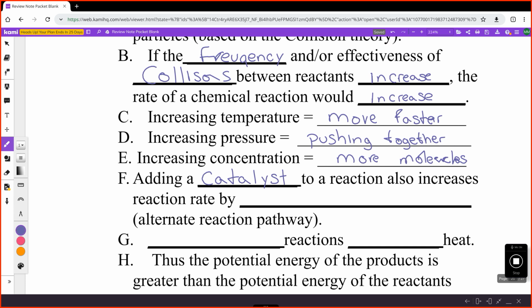It allows the molecules to collide properly if they would have otherwise not done so. But by definition, a catalyst is creating an alternate pathway. And by definition, for our curriculum, it lowers activation energy.